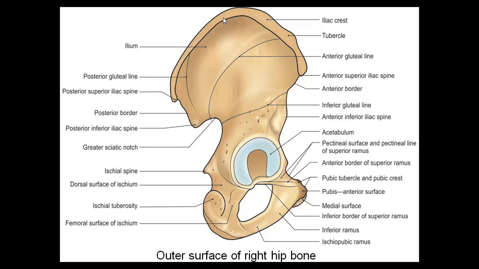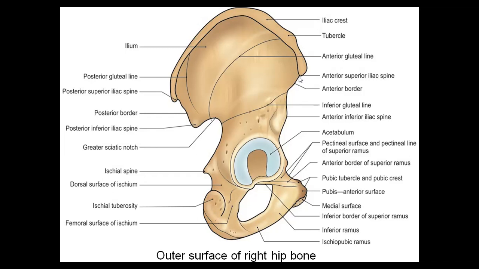Whatever area is in between the outer and inner lip, you call it the intermediate area. The iliac crest is quite important because it gives attachment to many muscles. So this is the outer lip, the one inside is the inner lip, and in between is the intermediate area.